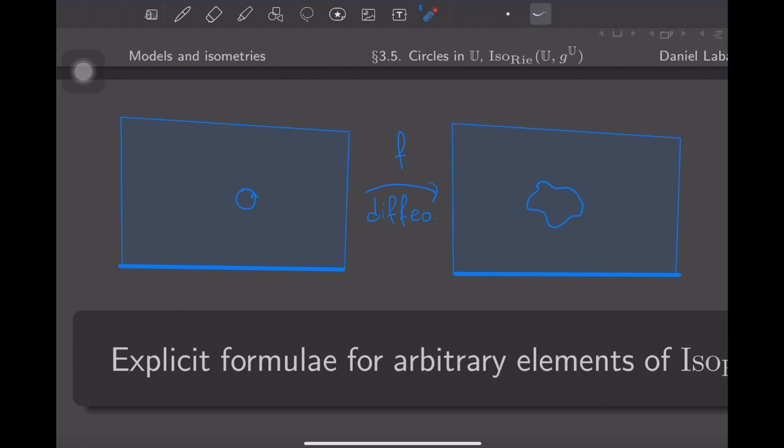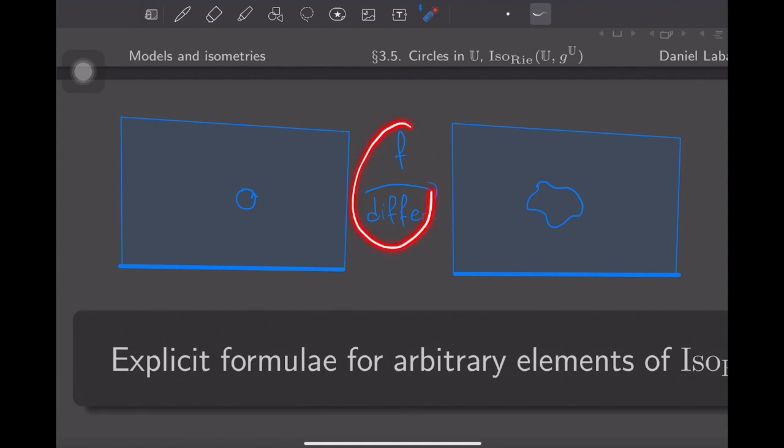One of the points is that one can keep track of that by looking at the sign of the determinant of f at any point. So not of f, of the derivative of f.